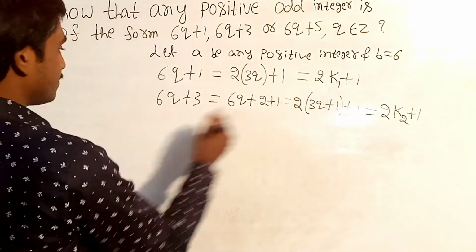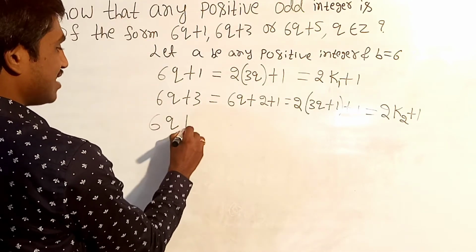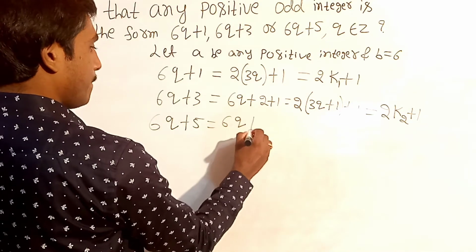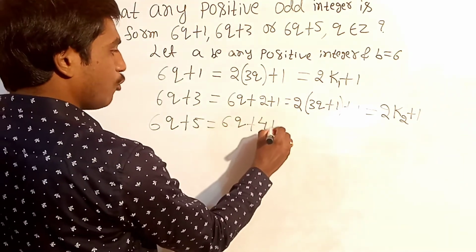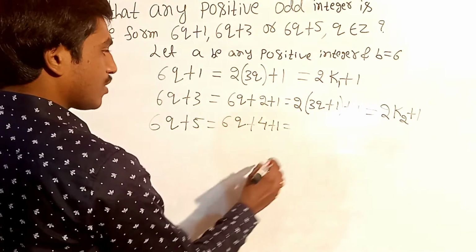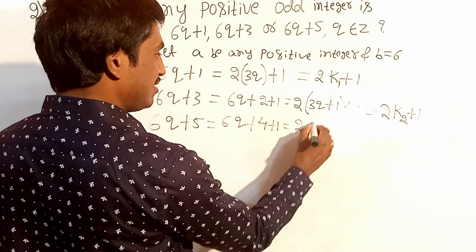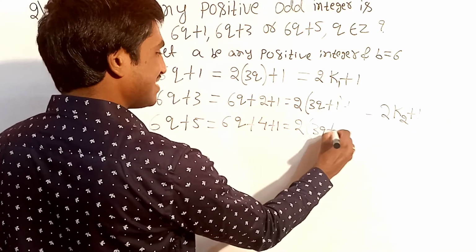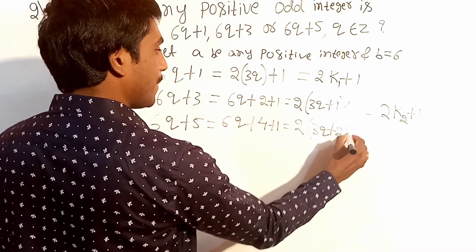Now 6q plus 5, I can write as 6q plus 4 plus 1. So here also if you take 2 common, we will get 2 into 3q plus 2, plus 1.